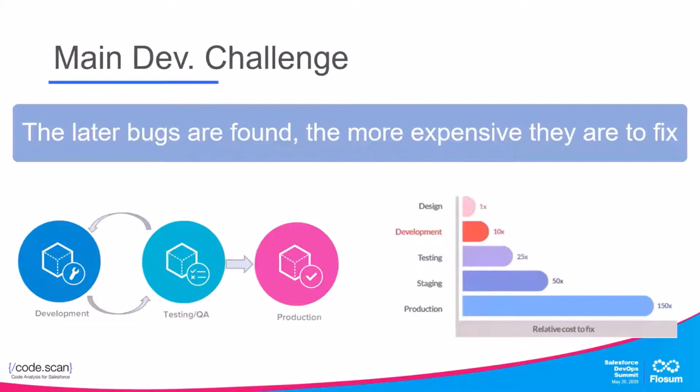The other thing we know is that the later we find bugs and issues, the more expensive they are to fix. Based on a survey that we conducted and what we hear from our customers, if we find a bug or an issue that was not captured in testing, for example, and it went into staging or even production, that costs 150 times more than if it was captured in the design or development phase.